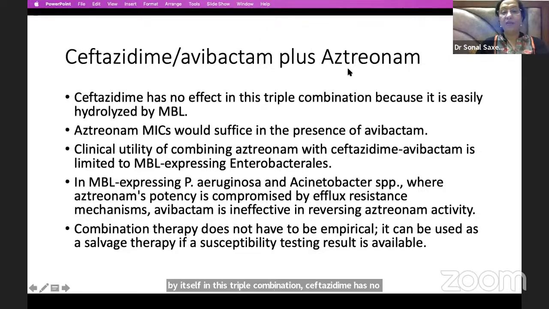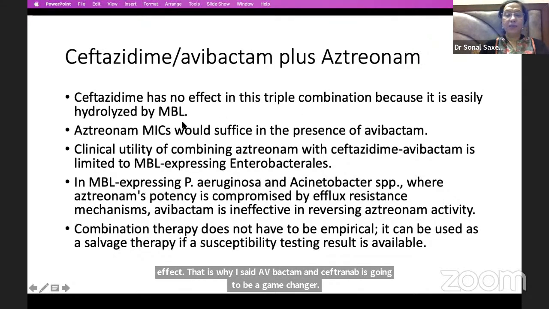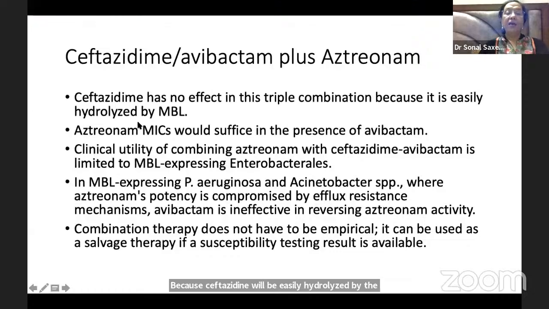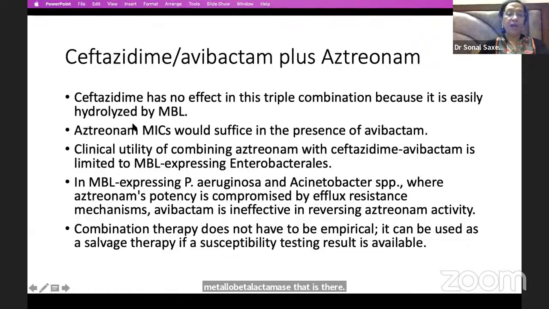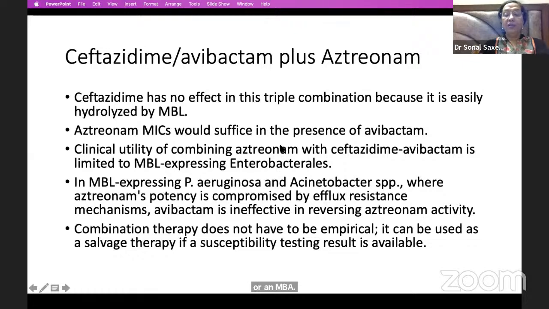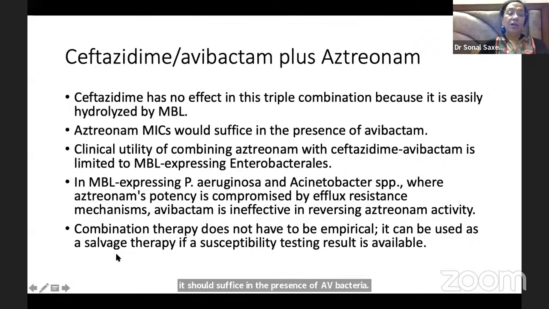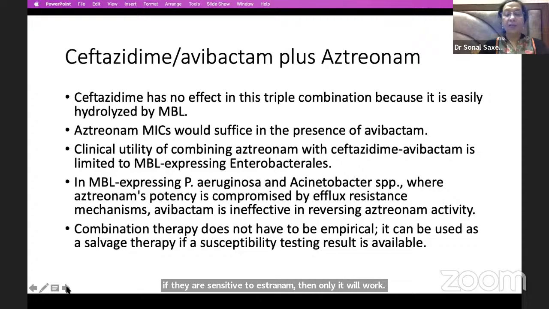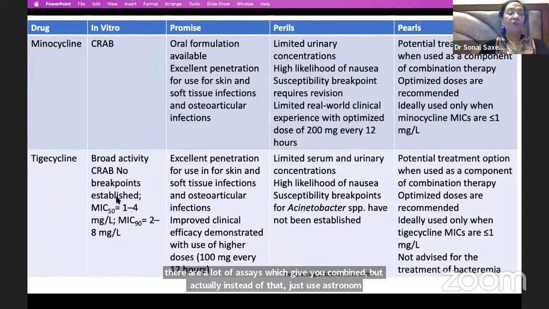That is why I said avibactam with aztreonam is going to be a game changer, because ceftazidime will be easily hydrolyzed by the metallo-beta-lactamase that is there, and before avibactam could act, because on NDM, or on MBL, avibactam will not act. So the aztreonam MIC, if you get it, should suffice in the presence of avibactam. If they are sensitive to aztreonam, then only it will work. There are a lot of assays which give you combined results, but instead of that, just use aztreonam MICs. They should work very well.